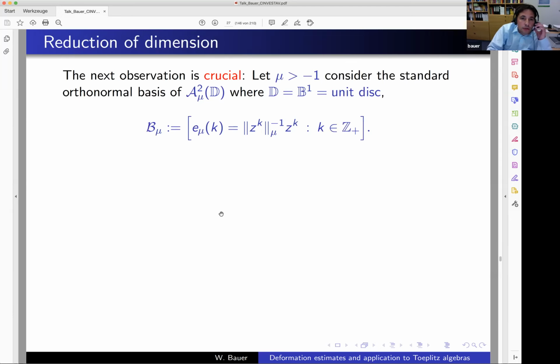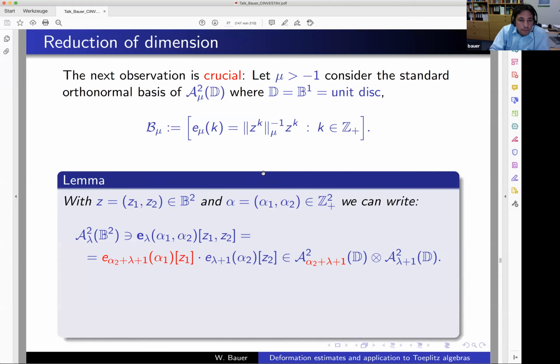And here is a crucial observation. Instead of looking at the 2-ball, we may also look at the unit disk. So we look at the object which has a dimension 1 less. So this is D. And we may look at the weighted Bergman space of the unit disk, and mu now is a weight bigger than -1. Again, we have the standard basis, which now is denoted by B mu.